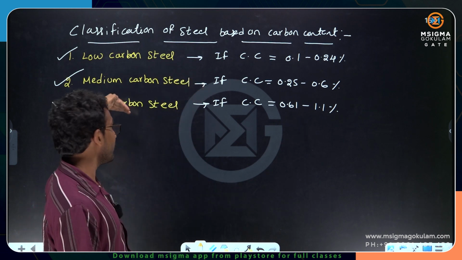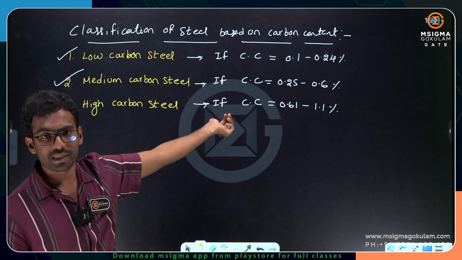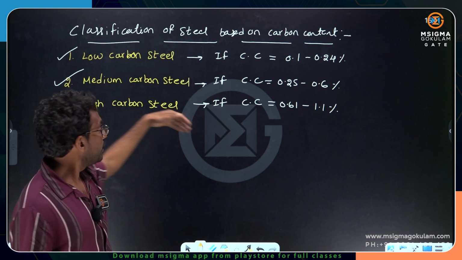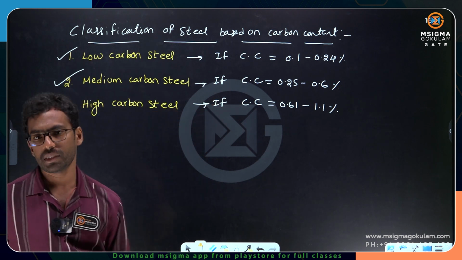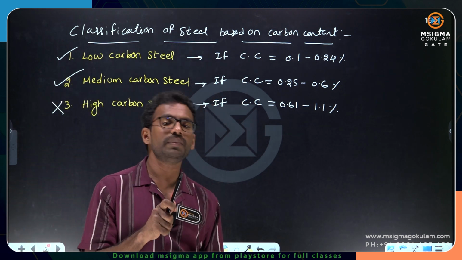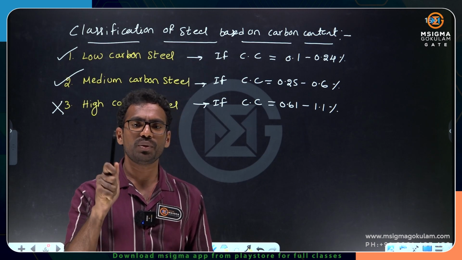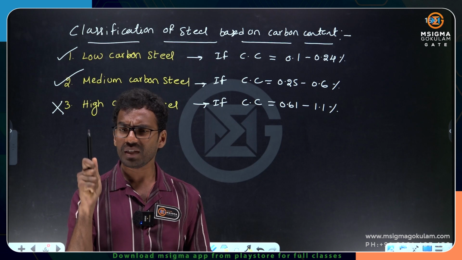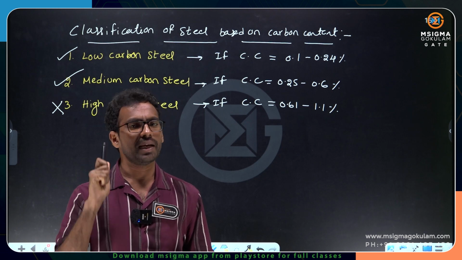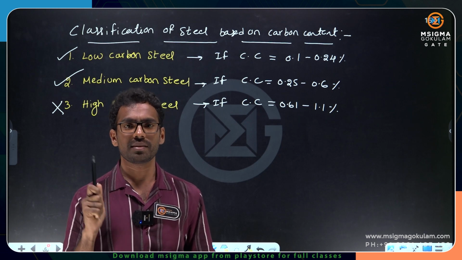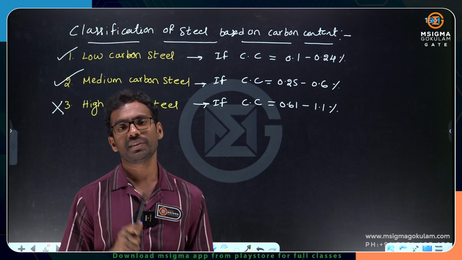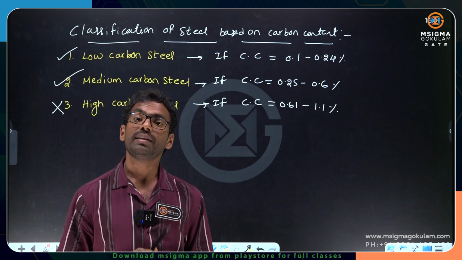But high carbon steel, we are not using for structure construction. Then you may ask, then sir, where can we use high carbon steel? Basically, high carbon steel has higher strength. As I told you, as the carbon content is more, strength is more. This high strength steel is very much essential for drilling holes.